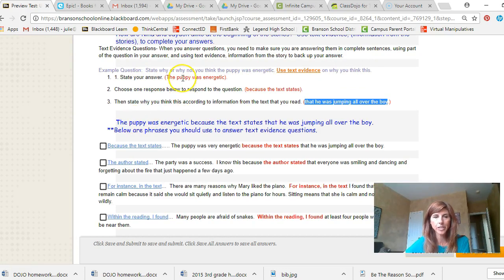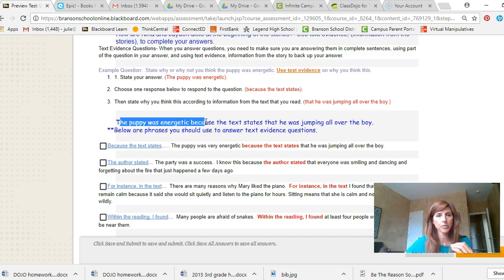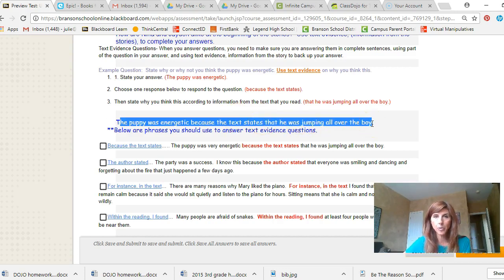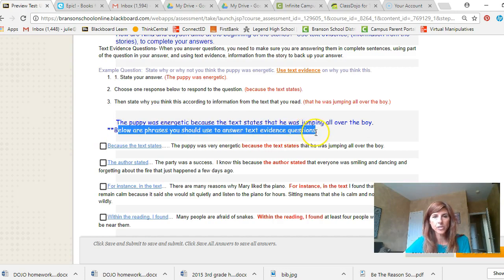The words in red are right here: the puppy was energetic. You don't want to just say that; you have to use information from the passage. So: the puppy was energetic because the text states that he was jumping all over the boy. That means that he was energetic, right? So these are the phrases you should use to answer text evidence questions.